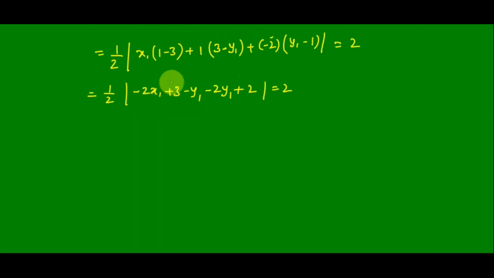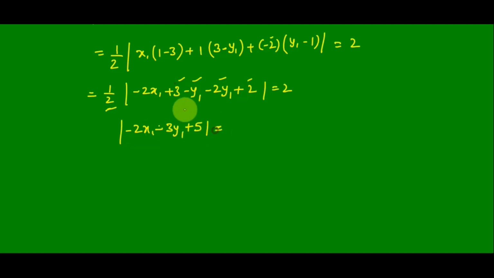Now we'll take this 2 to the right hand side. What we are left with on the left hand side: -2x1, then -y1 - 2y1 is total -3y1, then 3 plus 2 is total plus 5.